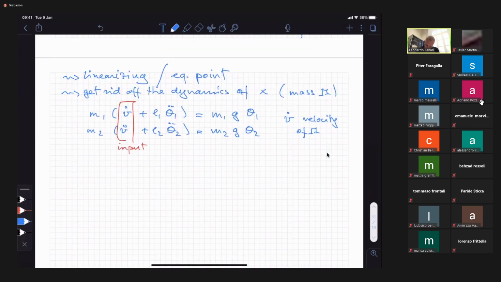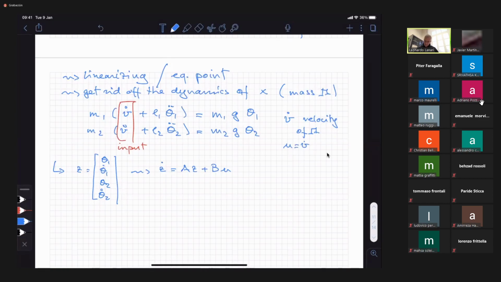So when we have this linear system, we can rewrite it by choosing the state Z, theta 1, theta 1 dot, theta 2, theta 2 dot. And in these coordinates, we would have Z dot equal AZ plus BU, where U is equal to V dot.